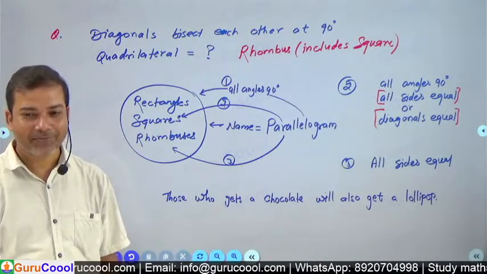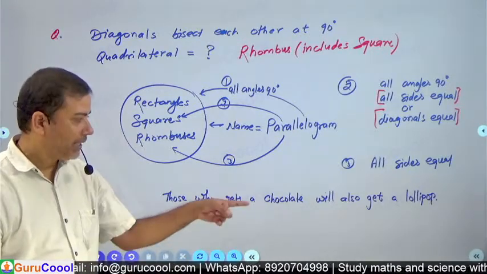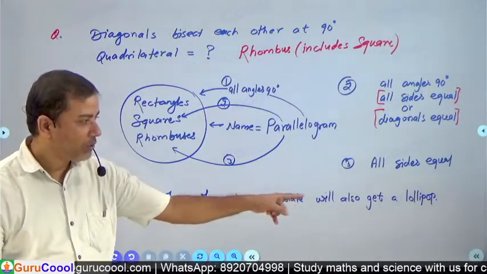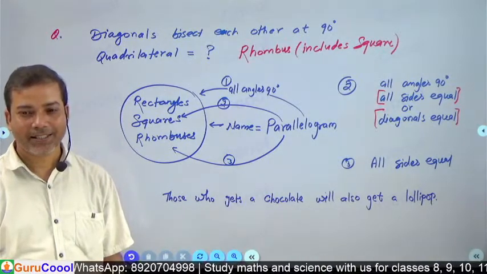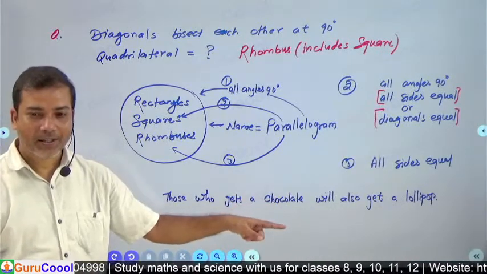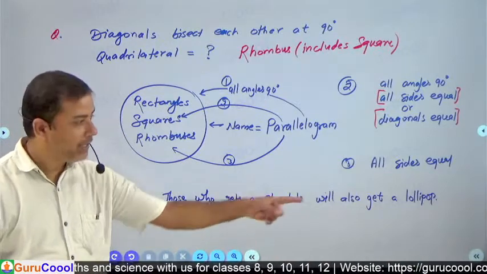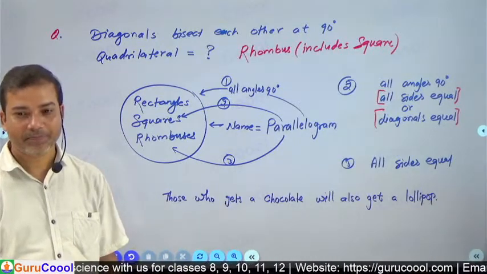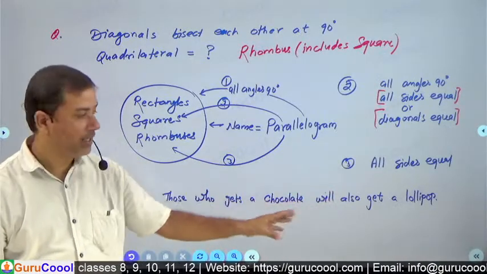Be careful. Those who get a chocolate will also get a lollipop. So be wise. If you want both of them, demand chocolate, because chocolate will automatically give you a lollipop. But a lollipop will not guaranteedly give you chocolate.